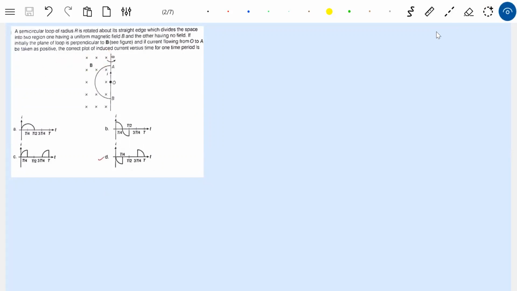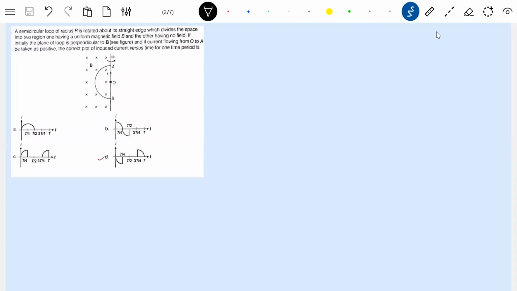Okay, read this question. There is no magnetic field in this region. There is a magnetic field in this region. It is rotating.